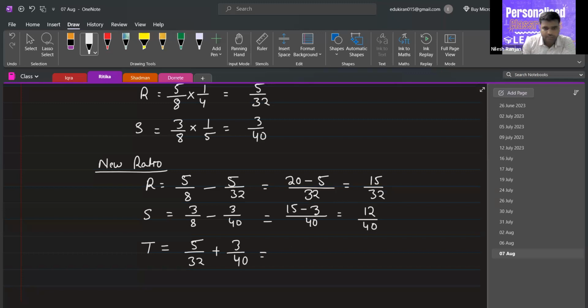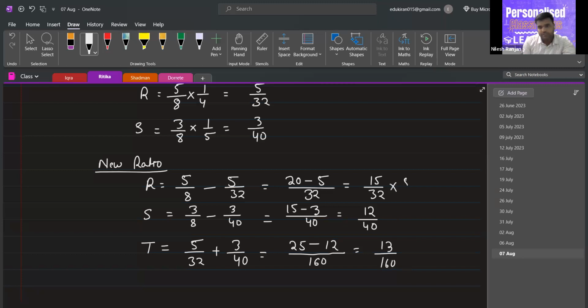And 40 and 32 actually, LCM of 160. 25 minus 12, so it is 13/160.